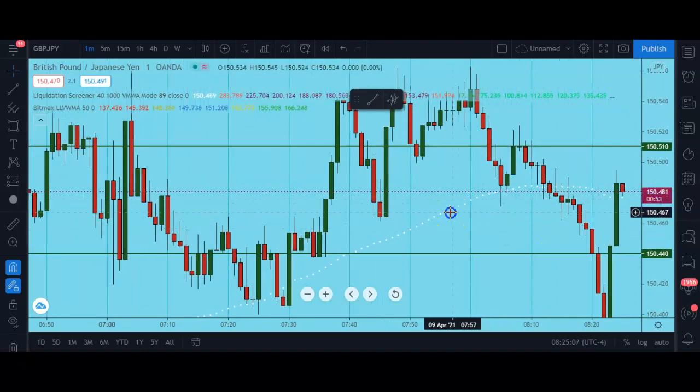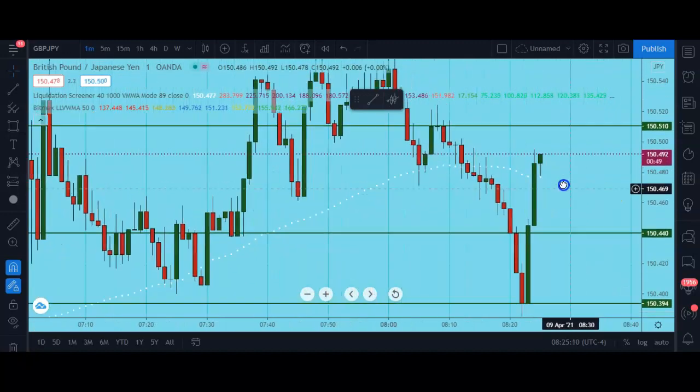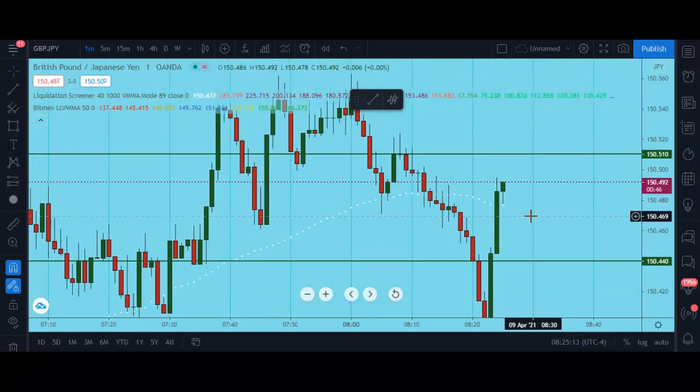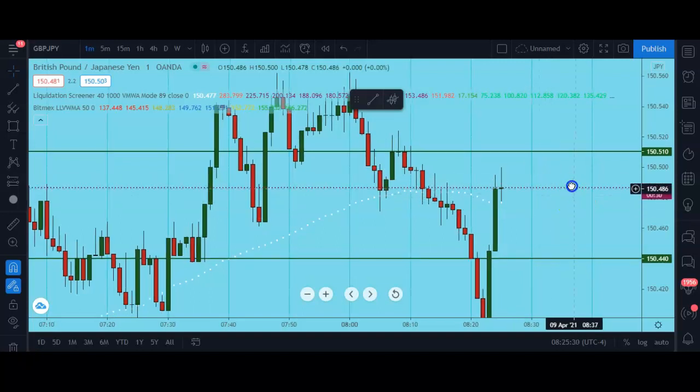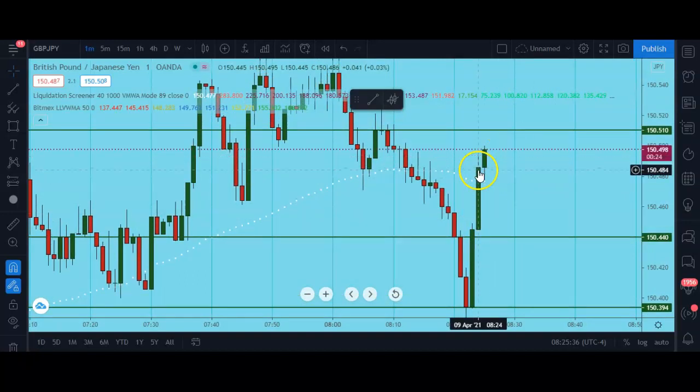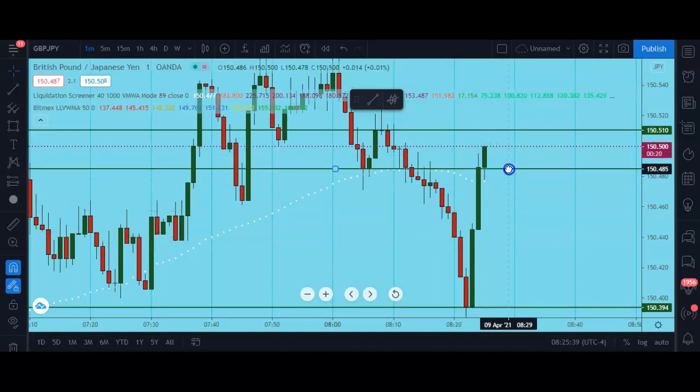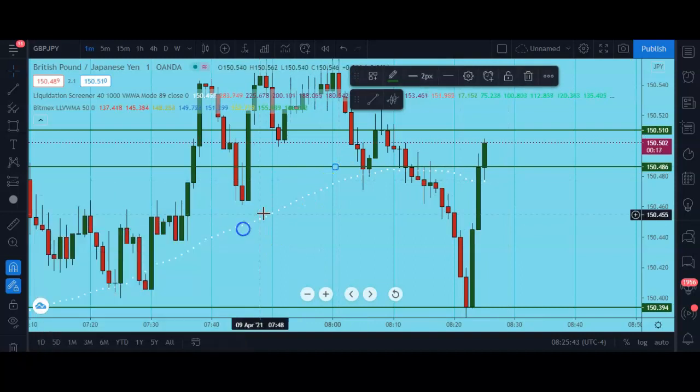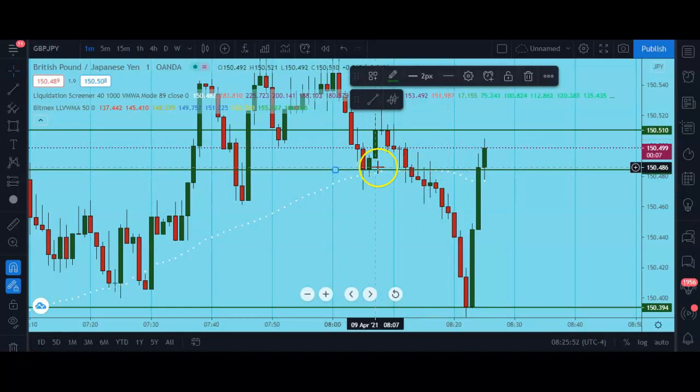Let's see. Which is below. Close above that support line.